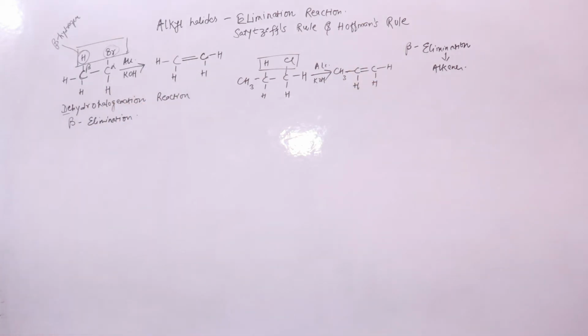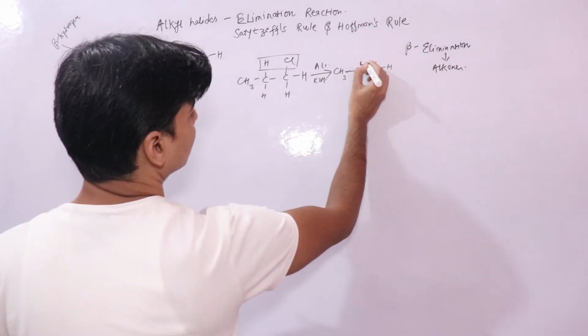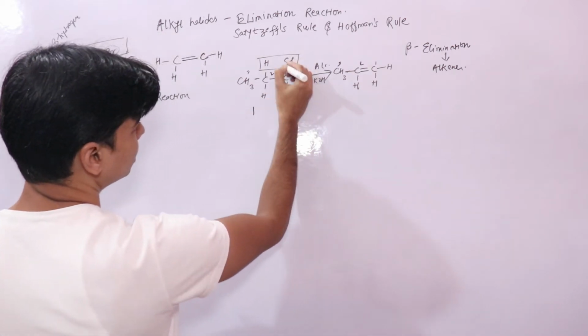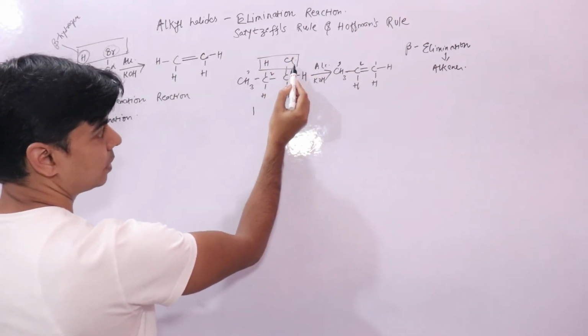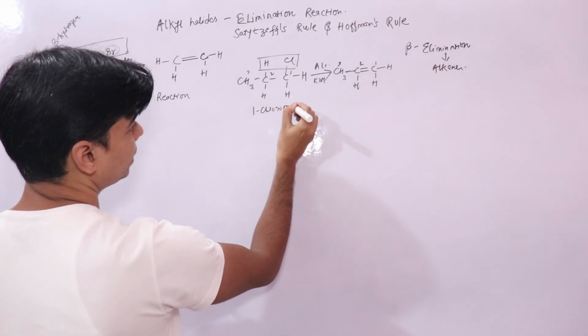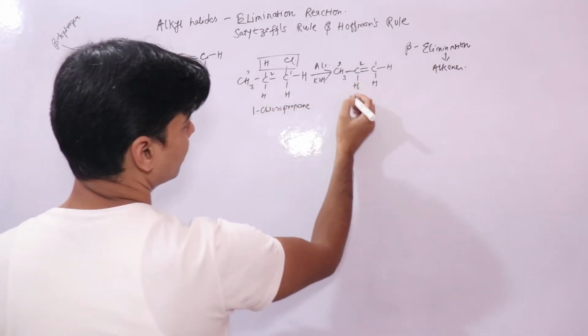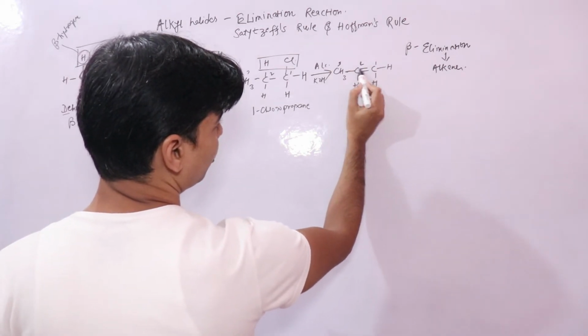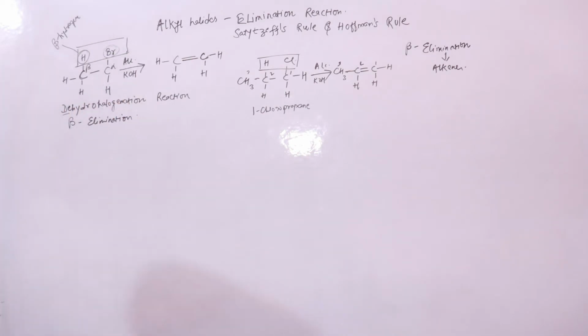So here the reactant is 1-chloropropane, where at carbon 1 you have chlorine, and this is prop-1-ene, which is an unsaturated compound, an alkene.